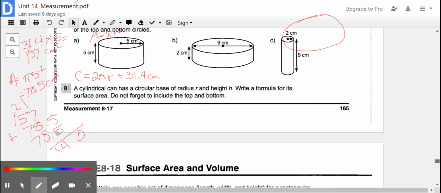Carry your 2. 2, 3, 10, 17. And keep my place value. No, something's not quite right there. It should not be that high. Let's try that again.